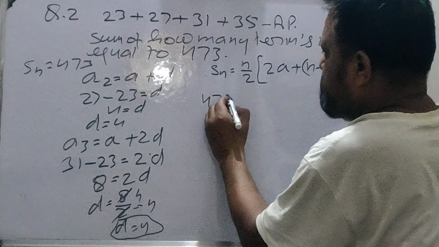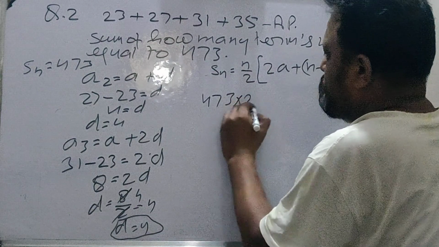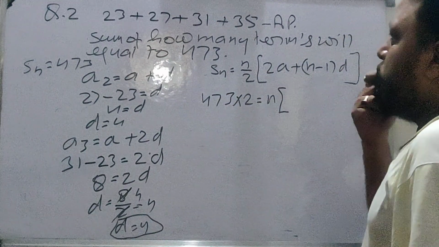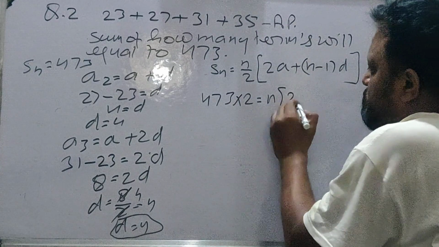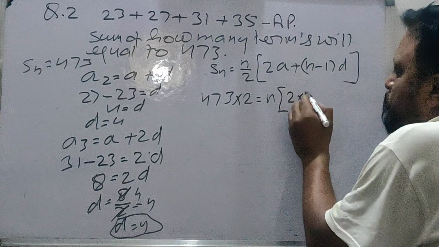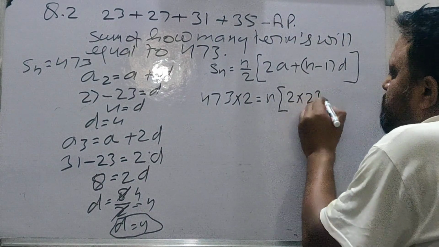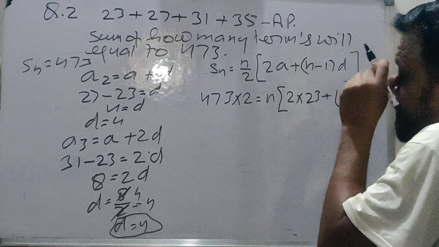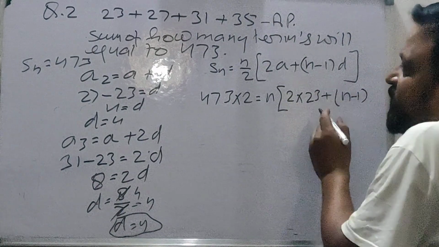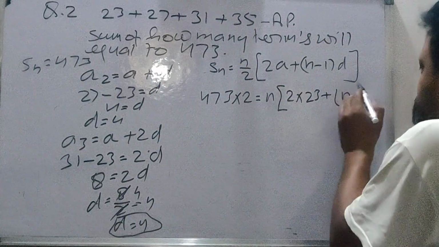So 473 into 2 is equal to n bracket 2 into 23 plus (n minus 1) into D, where D is equal to 4.